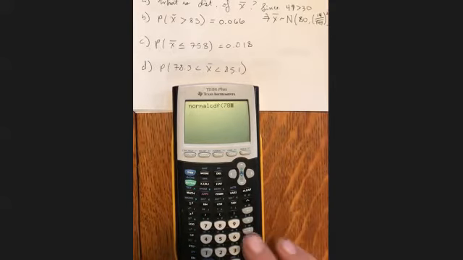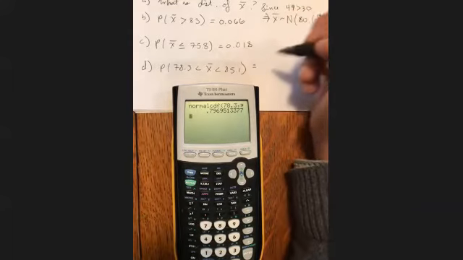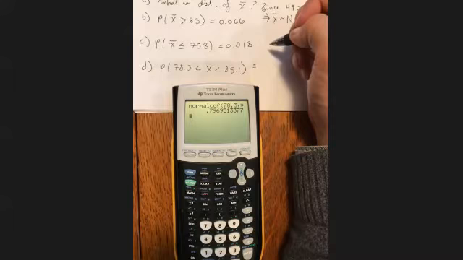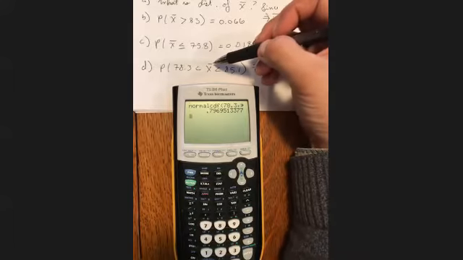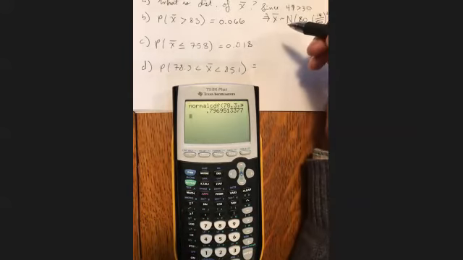Here, the lower bound is 78.3, upper bound is 85.1, mean is 80, standard deviation is 2. Hopefully this is starting to get easy, routine. So our result, the probability of our random variable X-bar being between 78.3 and 85.1 is 0.797.